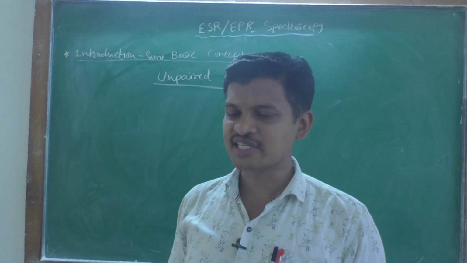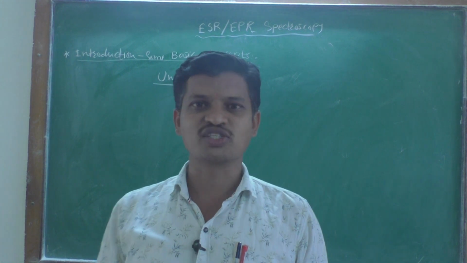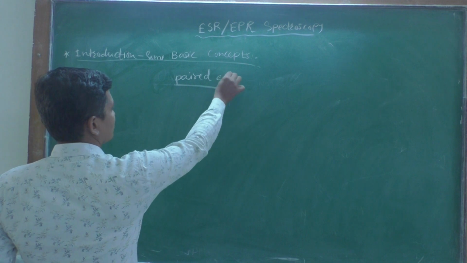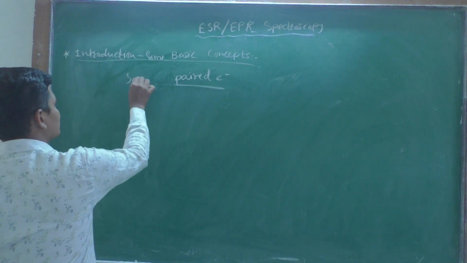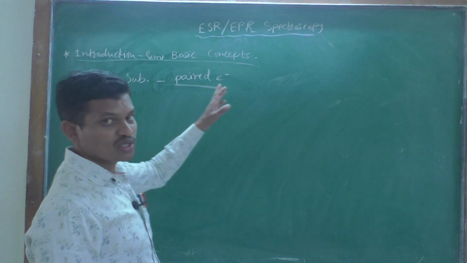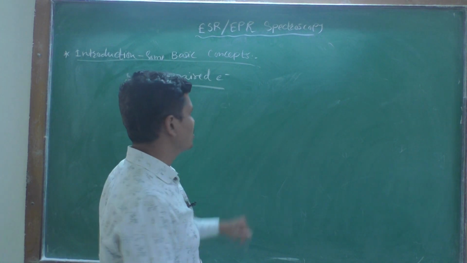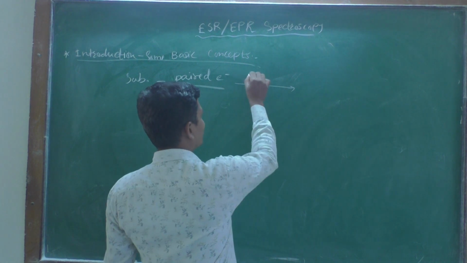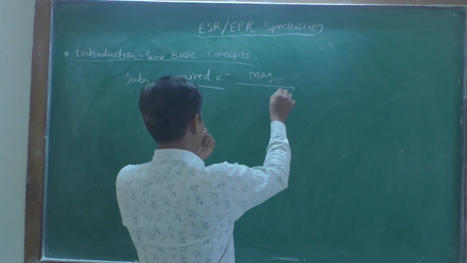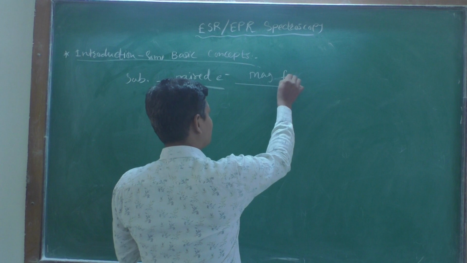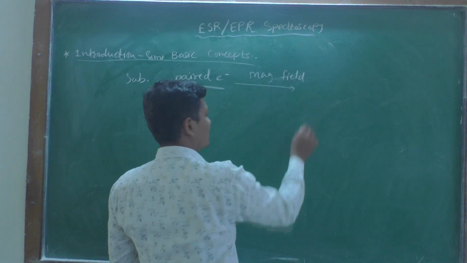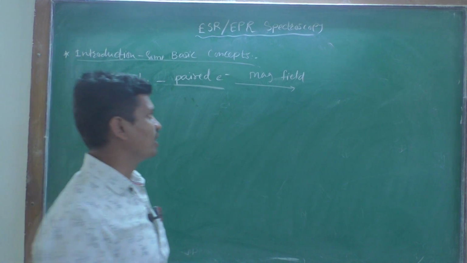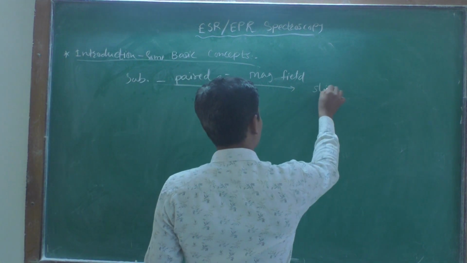When substances which have paired electrons in their structures or in their orbitals are placed in an applied magnetic field, then these substances are weakly repelled, they are slightly repelled.